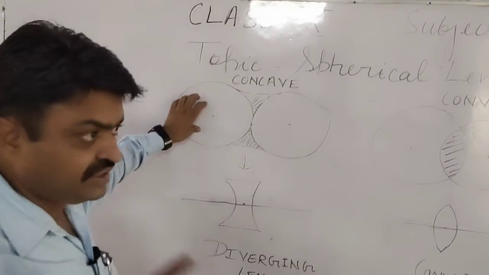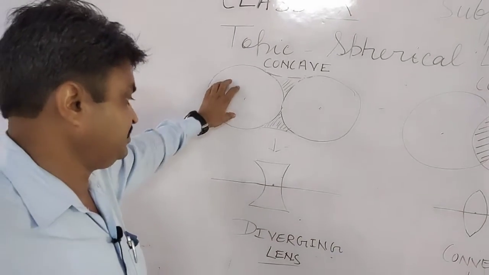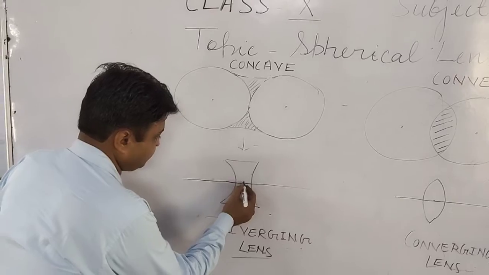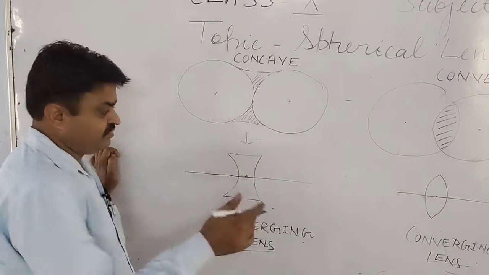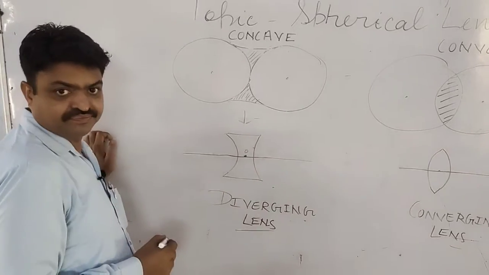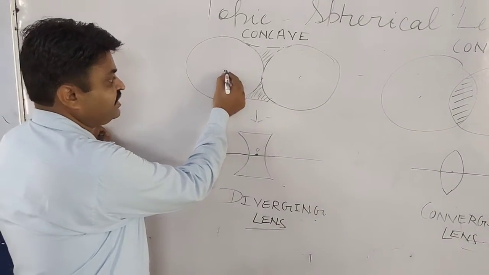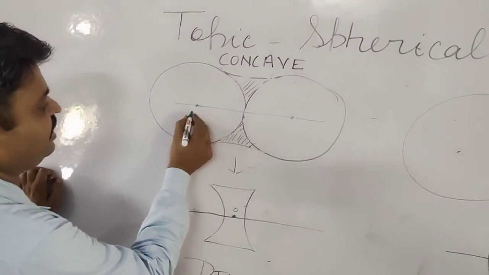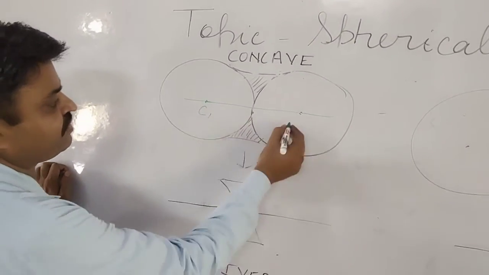Today we will discuss the important terms of this. The center of this lens, this point, is known as the optical center, and these centers are known as the centers of curvature.